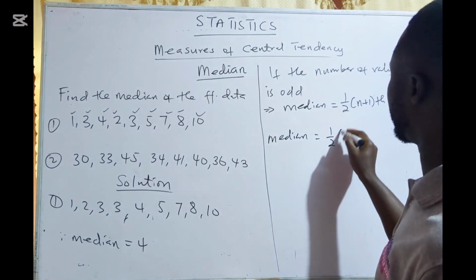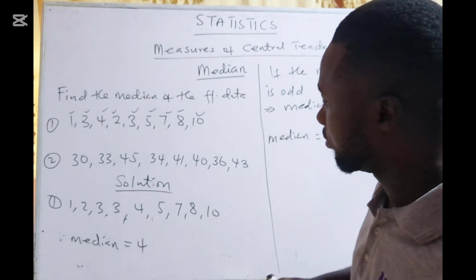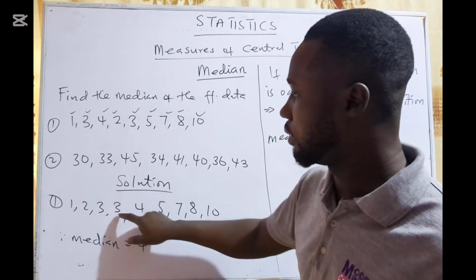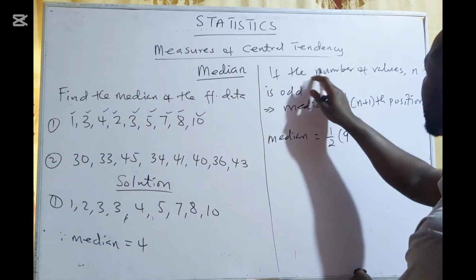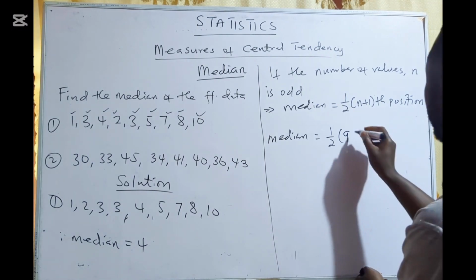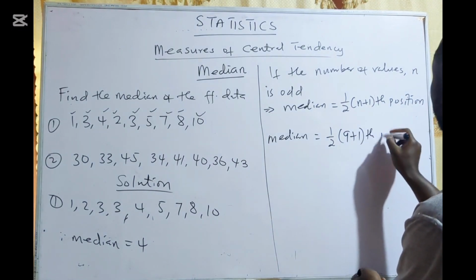So we count them, 1, 2, 3, 4, 5, 6, 7, 8, 9. It means that our n is 9. That is the number of values plus 1, you add 1 to it. Position.